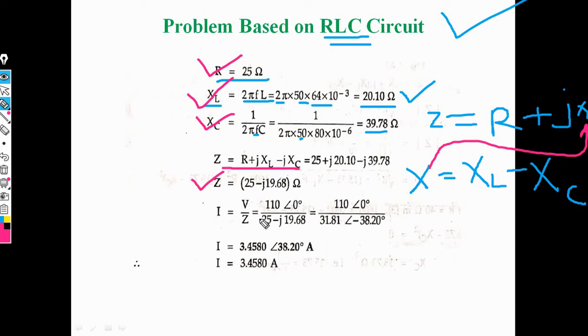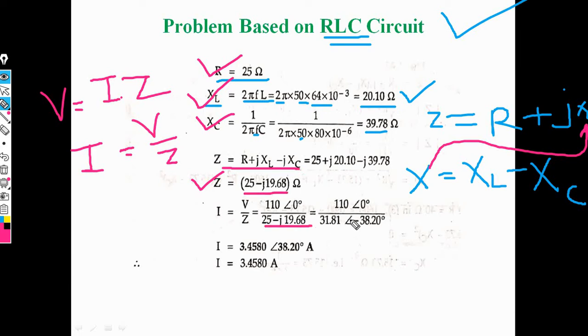Now the formula for I: voltage V is equal to I into Z, so I is equal to V by Z. The input voltage, 110, is given in the circuit. Then the value of Z is put here.